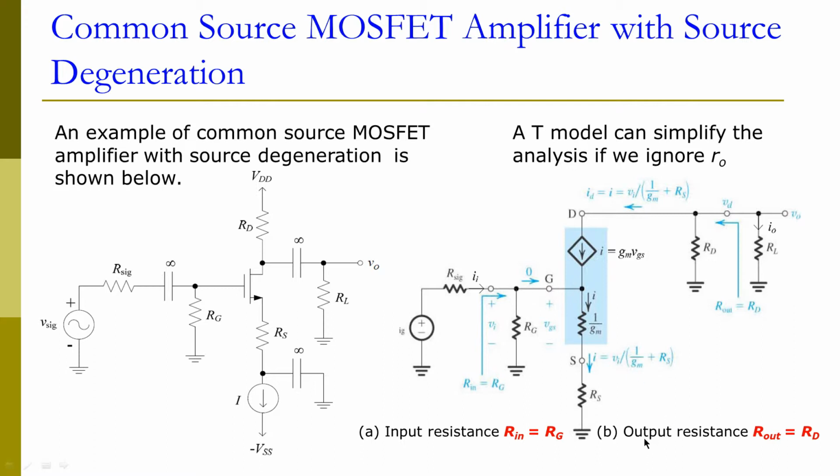We can also easily get our output resistance, Rout equals RD, by looking into the circuit from here, because this is the current source we need to disconnect. We're only left with RD because we already ignored the output resistance of the transistor, so only this ID is left here.